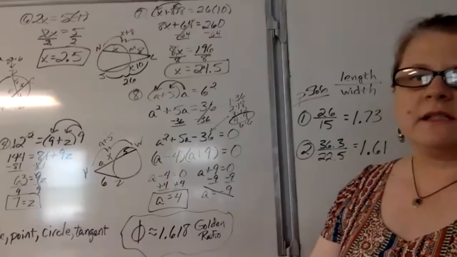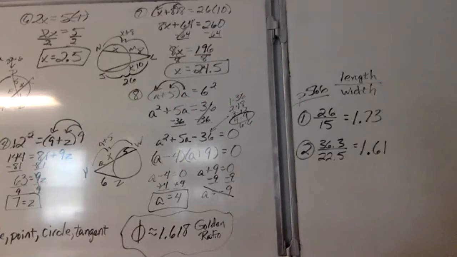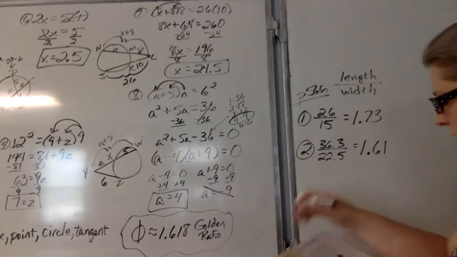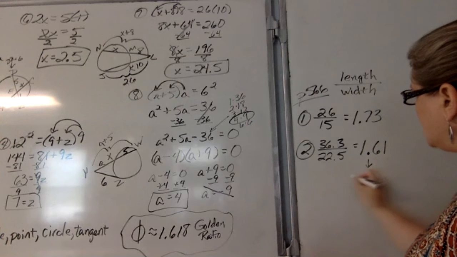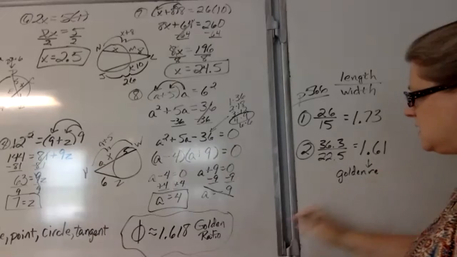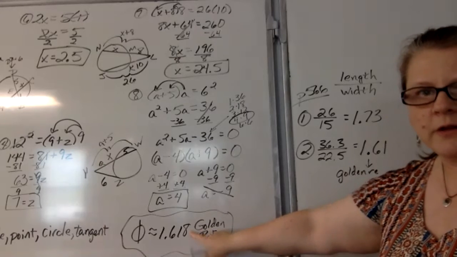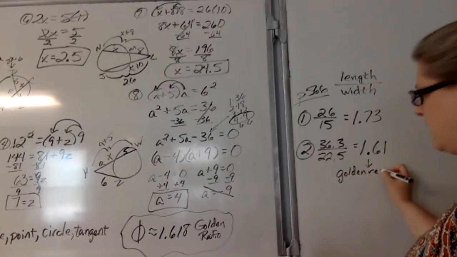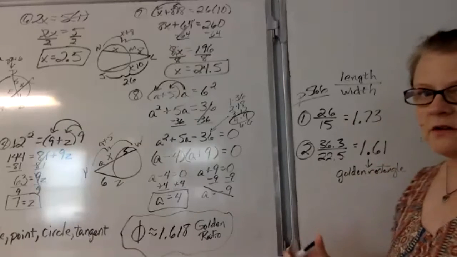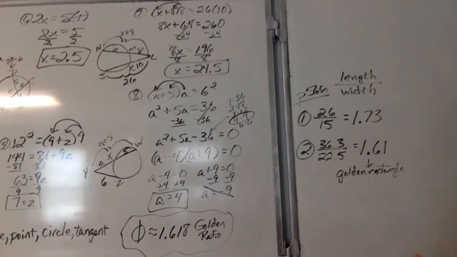I got 1.613 repeating. So this one is a lot closer to that golden ratio. So they would go ahead and call this a golden rectangle because it's just a few thousandths off. So they would call that a golden rectangle because it's close to that ratio.